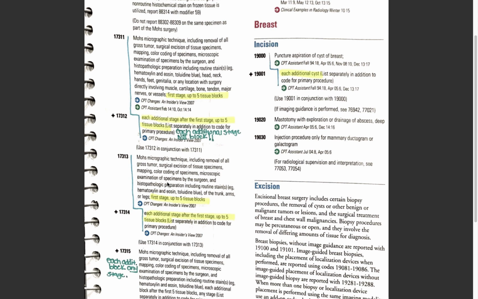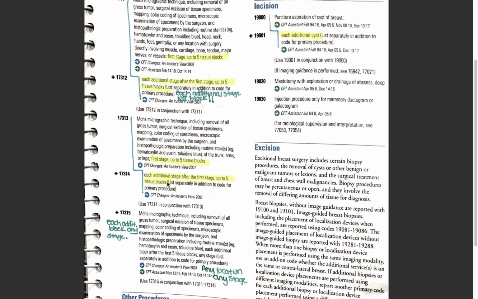If any stage ever has more than 5 tissue blocks, there is an add-on code for each additional tissue block in any stage, and that's 17315. And it also covers any location.